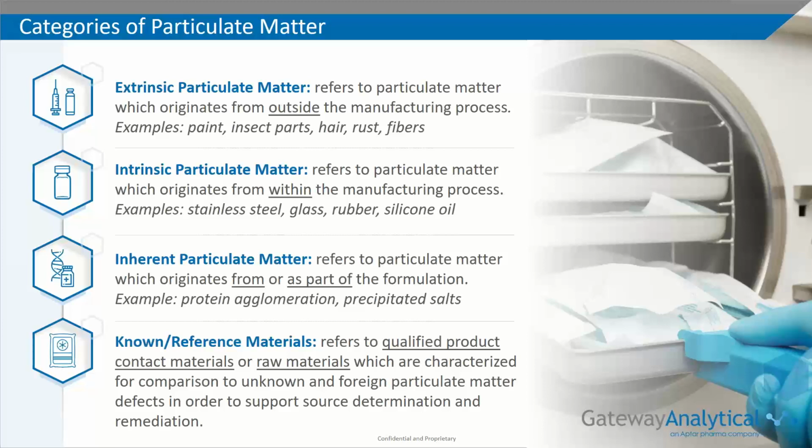If we are to build a reference database with known materials, it really adds 2 huge values. One is we've got all the materials that could come in contact with our product. That allows us to do very efficient searching, but also it gives us a mechanism for training. It allows our visual inspectors to take a look at the types of particles that they see.